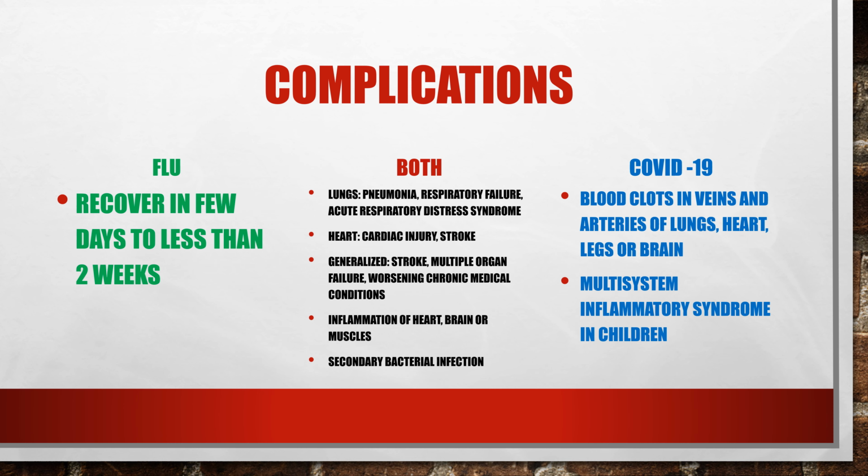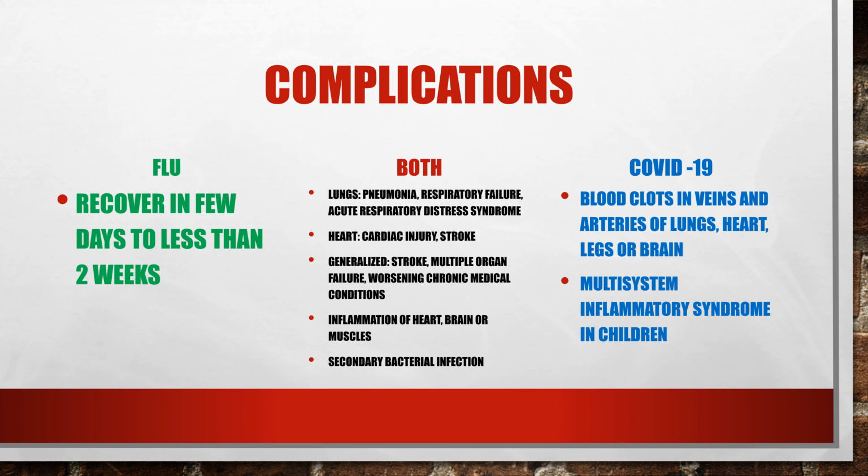So, complications, similar for both of these. You can have lung infections, which include pneumonia or respiratory failure. This is something that we're hearing quite a bit, and I'll go into a little bit more detail when I talk about COVID.